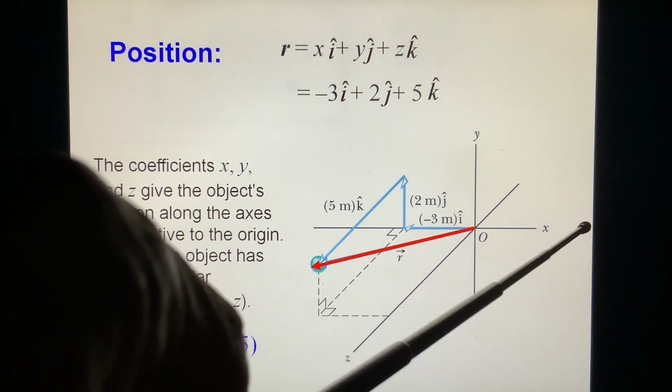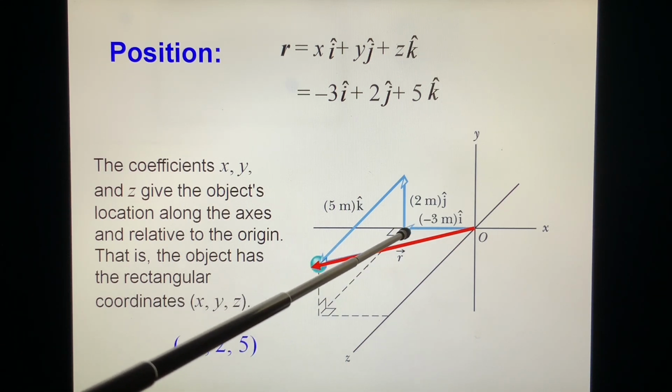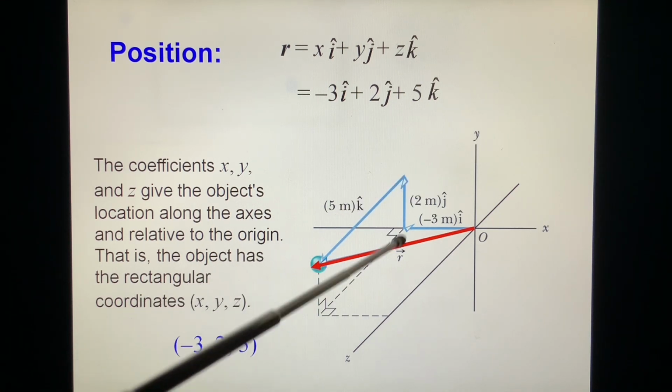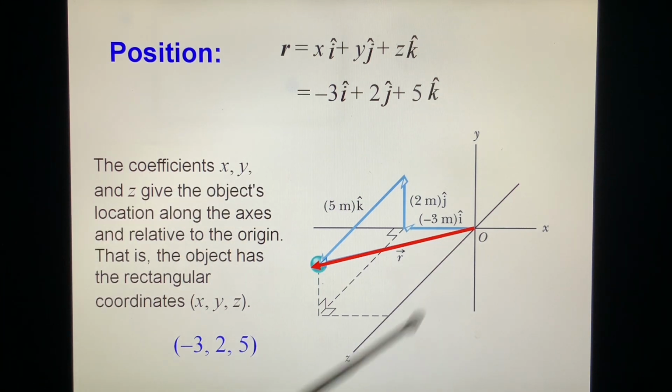This is positive, this is negative, minus 3. So this is the projection onto x. The projection onto y is 2, and the projection onto z, you get this is 5.